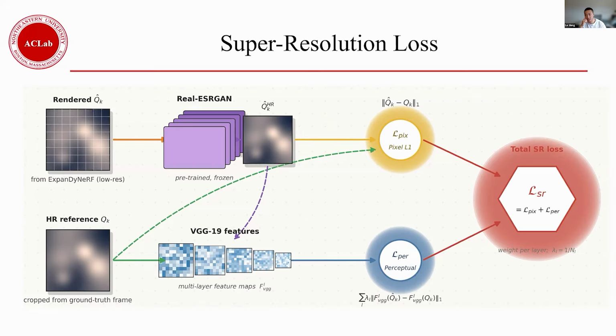One important thing is that the SR loss alone, without the geometric supervision, will actually amplify the artifacts. So the SR network only adds value once the novel view loss has already stabilized the foreground geometry. This will also be shown in the ablation study later.